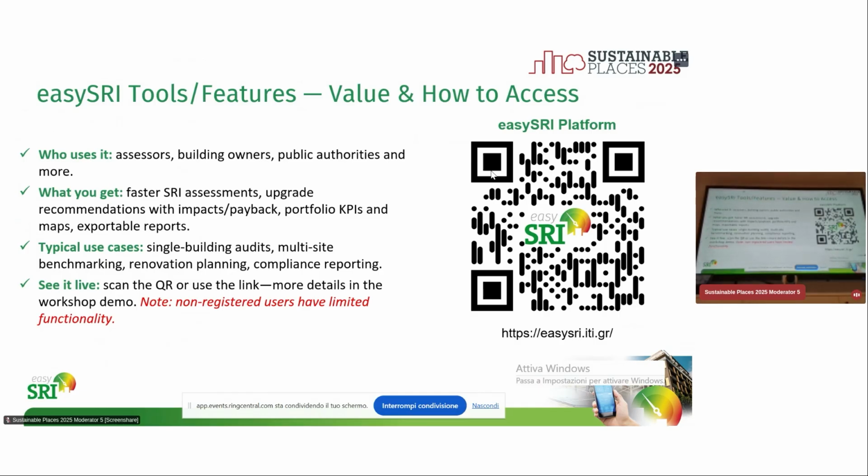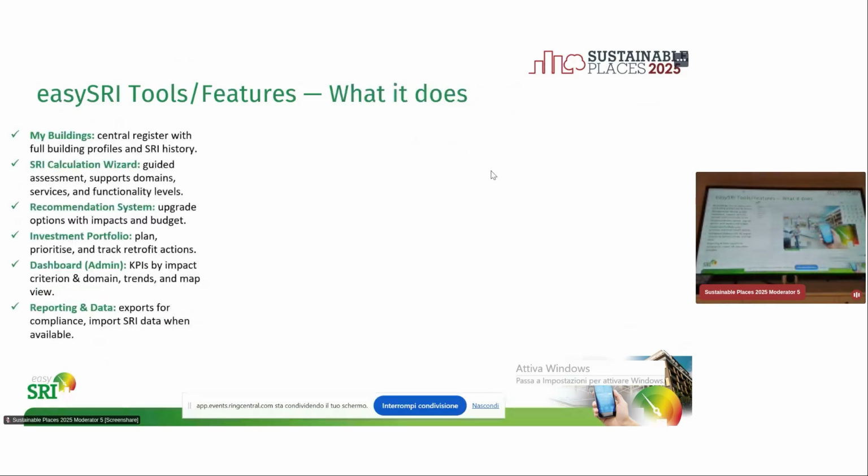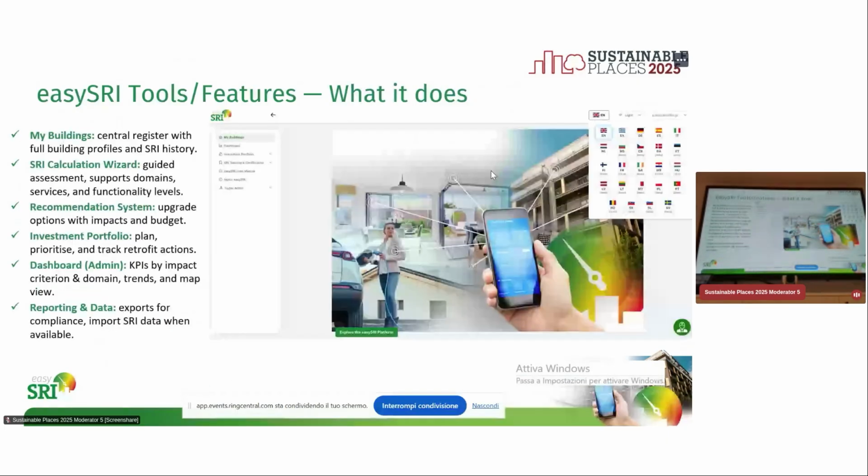This is why I would check if this is the case also for easySRI, because I think this is maybe something different. I don't know if these flags also refer to changes in the weightings. Most probably they do, because I have seen the calculation tool behind, and it supports different weighting factors per country. And most probably it is also the languages of the platform as well.